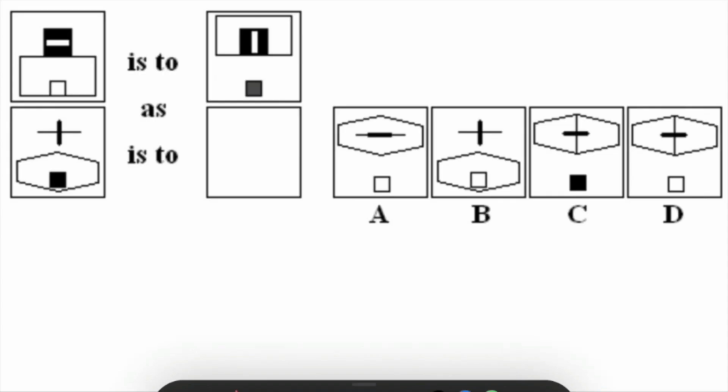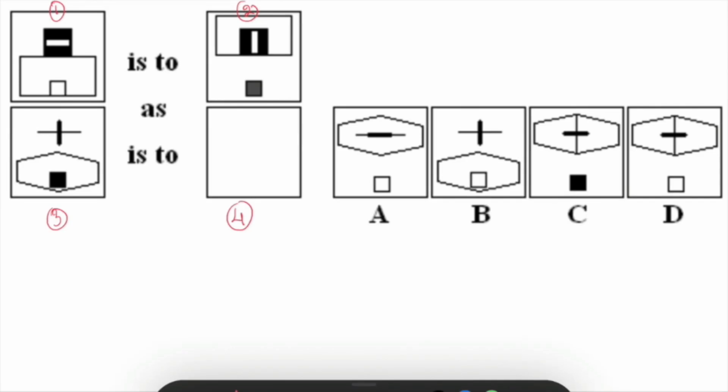Here is another question of the same type. Complete the statement, or use the relation between pattern 1 and 2, because this relation will be the same between pattern 3 and 4. So based on the relation, I can analyze and identify between patterns 1 and 2.